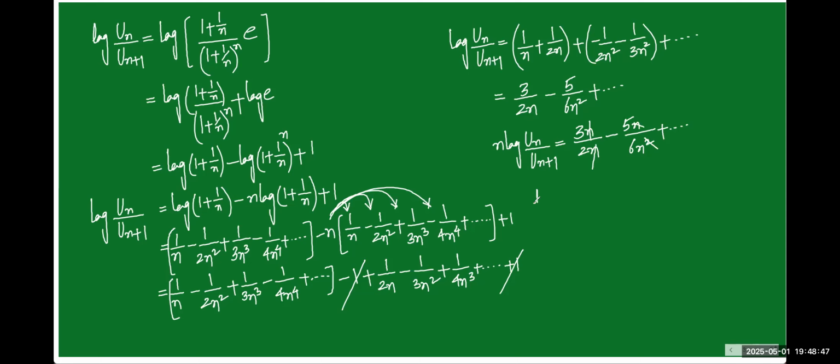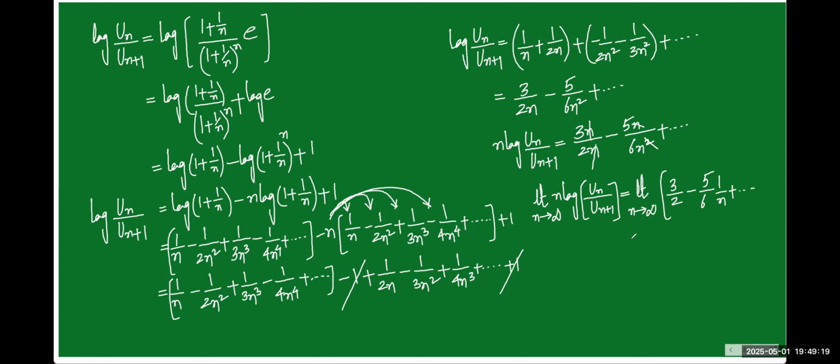Now taking the limit, as n tends to infinity, n times log of un by un plus 1 is equal to the limit as n tends to infinity of 3 by 2 minus 5 by 6 into 1 by n plus and so on.